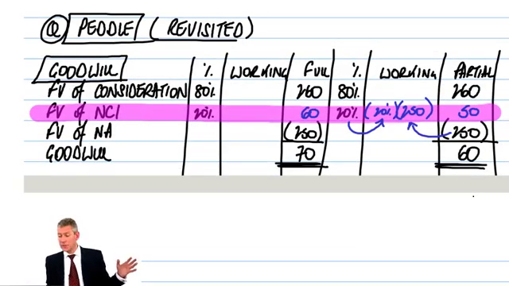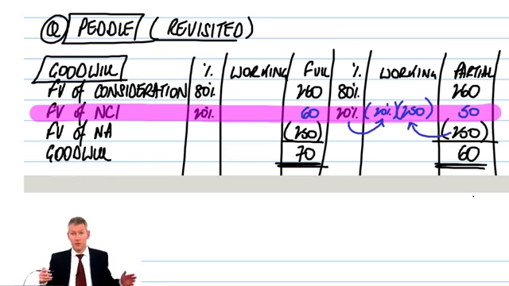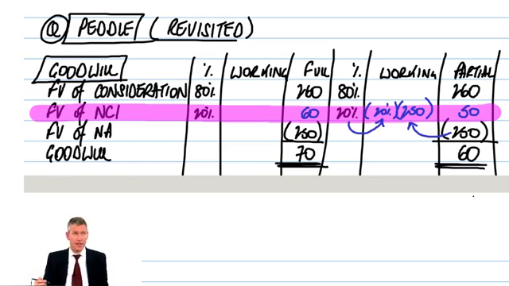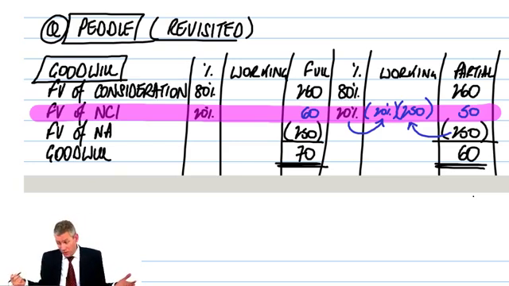Well, frankly, most likely it will be full goodwill. The examiner is a big believer in full goodwill, and therefore very reasonably he does full goodwill almost always. But partial goodwill is in the IFRS, and his view is if it's in the IFRS it should be examined sometimes, and I think he's right, to be honest with you.